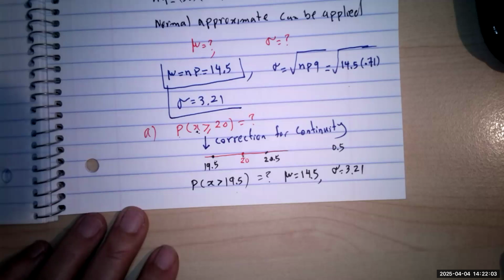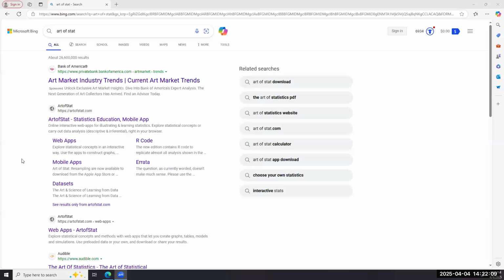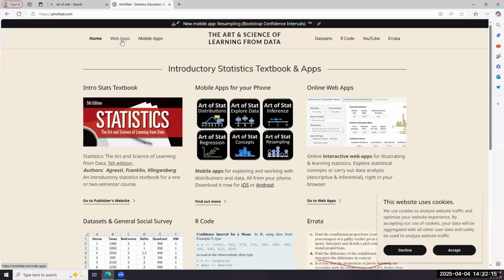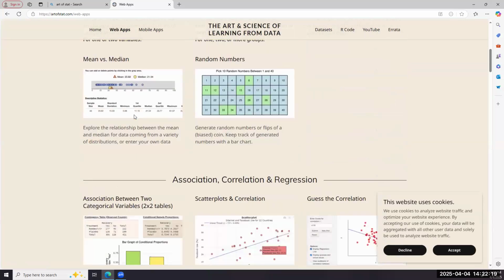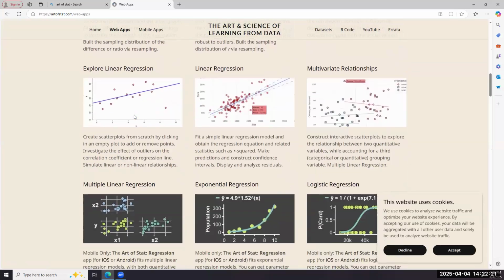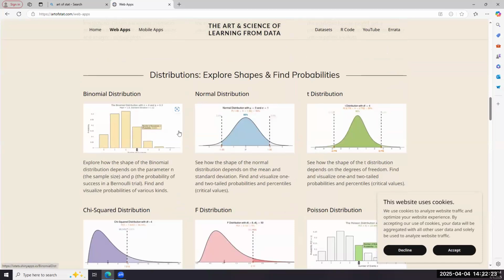So now going to the Art of Stat. Again, you need to go to the normal distribution. The web application, especially for this type of problem, is quite useful because it takes time to do this. So this is your normal distribution.